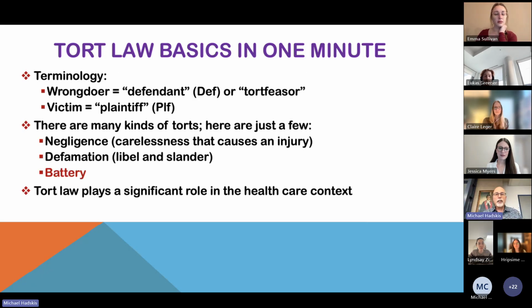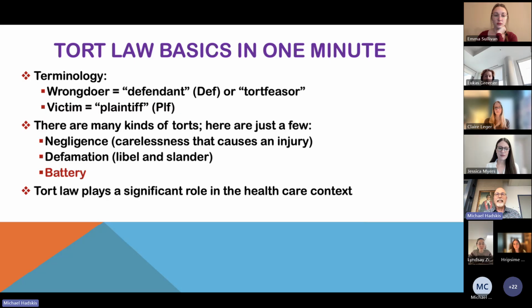Terminology. The wrongdoer is known as the defendant or tortfeasor. They're the ones alleged to have committed the tort. The victim is the plaintiff, and there are many kinds of torts, some of which are explored in your first year of tort law.